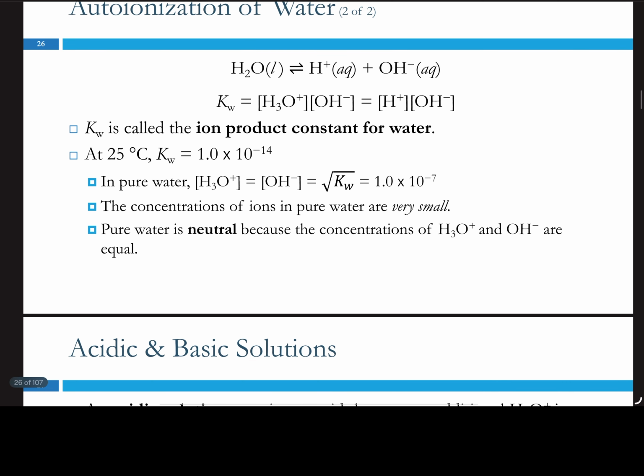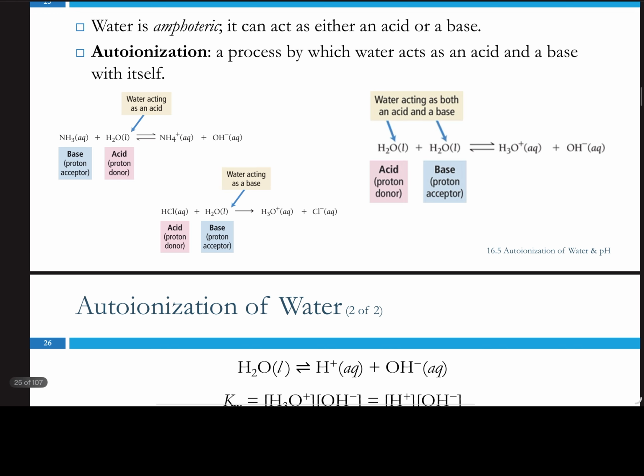And so that's 1 times 10 to the negative 14, which we'll use a lot to convert between H3O plus and OH minus, because in water, if you add extra acid, it'll react with water, forms extra H3O plus, but that also means that there's going to be less OH minus in the solution. And the more acid you add, the less OH minus there is.